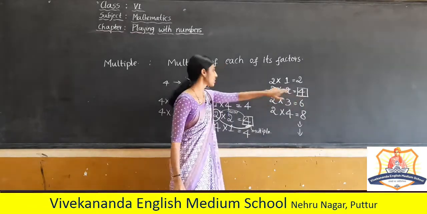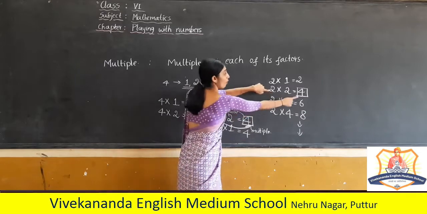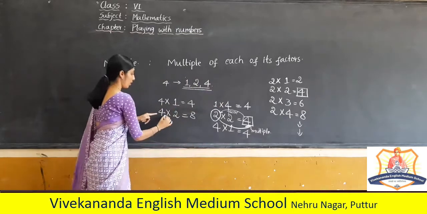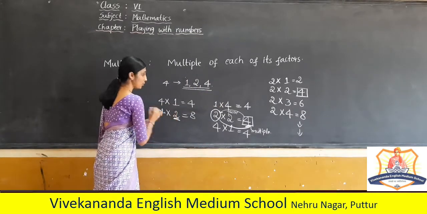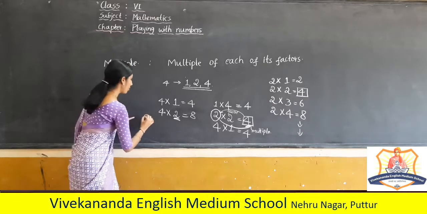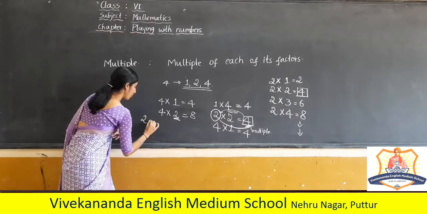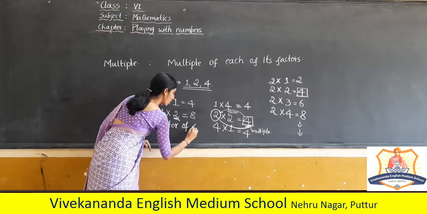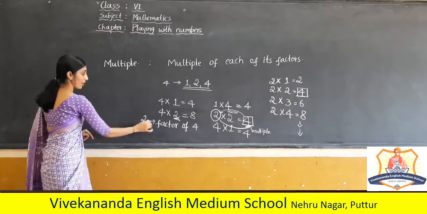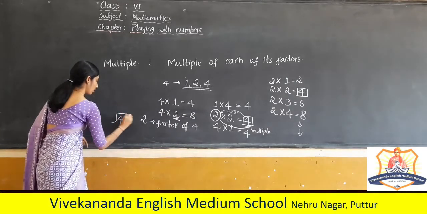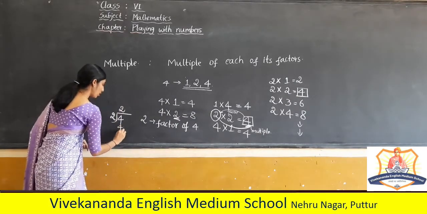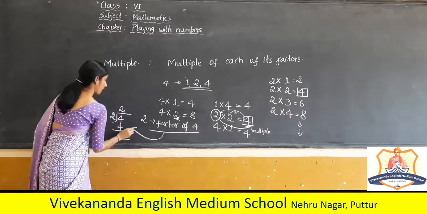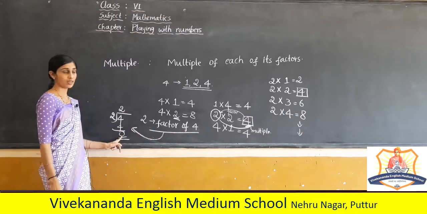So, 4 is a multiple of 2 and 2 is a factor of 4. How is it? 2 is a factor of 4. 2 twos are 4. So, we can make it clear with this sentence, right?